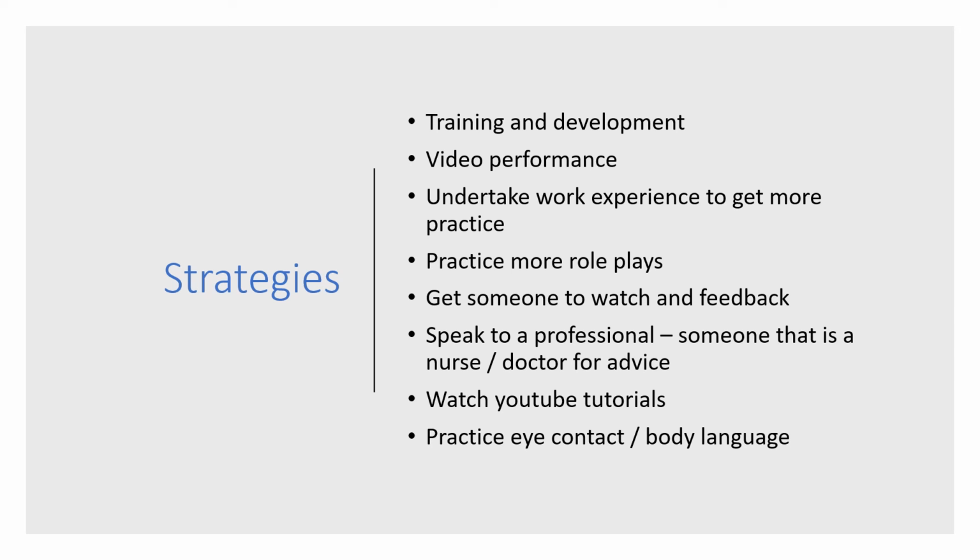Undertaking work experience, so getting used to working with people with different needs. Practicing more role plays. Getting somebody to watch and feedback. Completing another feedback sheet, perhaps a more detailed feedback sheet. Speaking to a professional, someone that's a nurse or doctor, for advice. Watching YouTube tutorials. And you could practice things like eye contact or body language, even talking to parents or family members around the home.